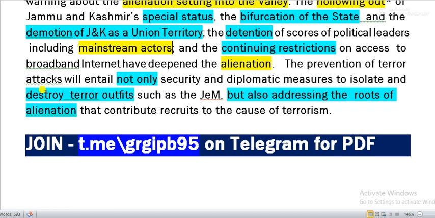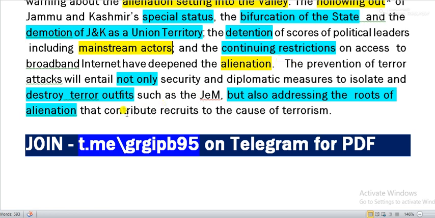The prevention of terror attacks will entail not only security and diplomatic measures to isolate and destroy terror outfits such as JEM, but also addressing the roots of alienation that contribute recruits to the cause of terrorism. So, this last sentence, the concluding sentence, gives two things.